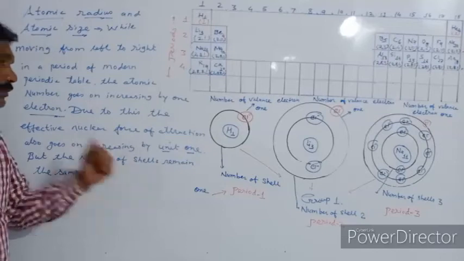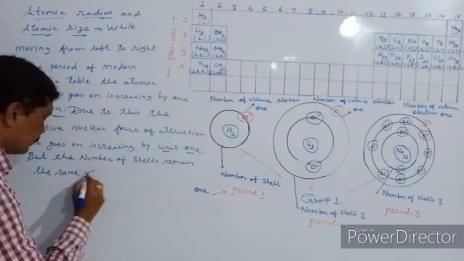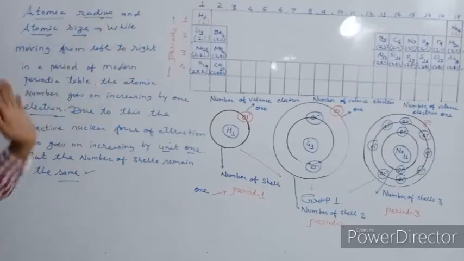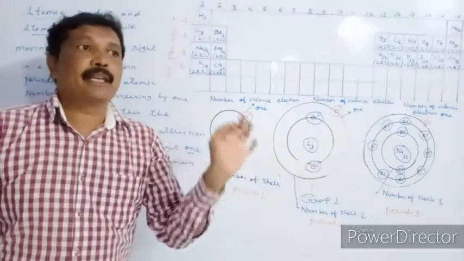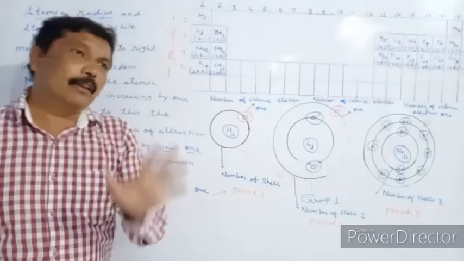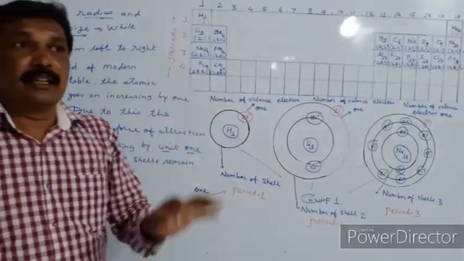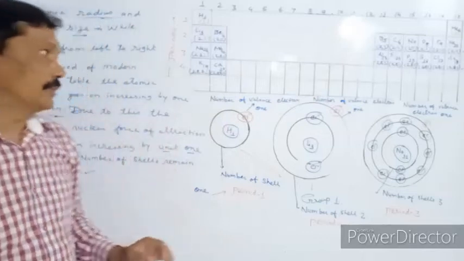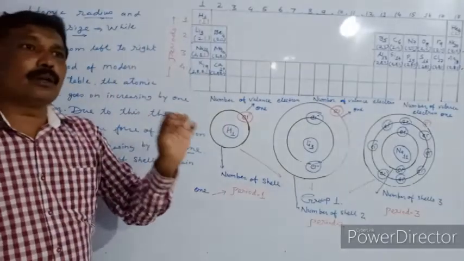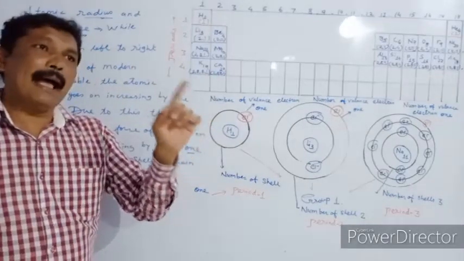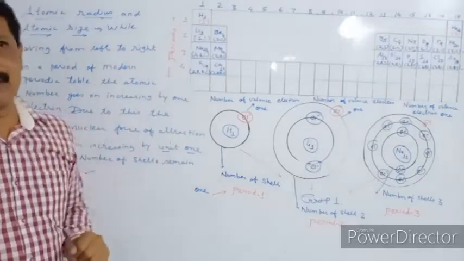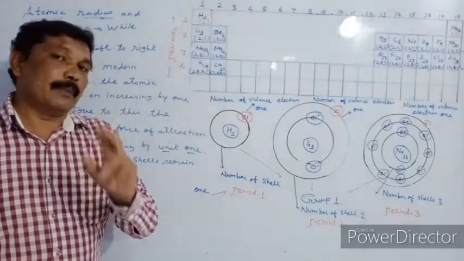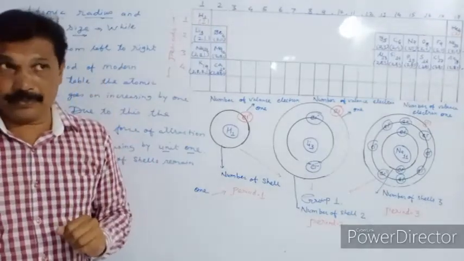But the number of shells remains the same. Again, while moving from left to right in a period, the atomic number goes on increasing by 1 electron, and therefore the nuclear charge also goes on increasing by 1 unit.